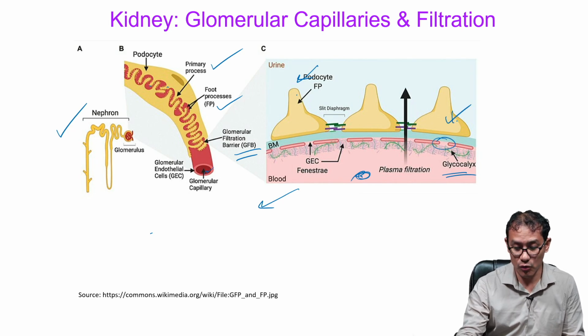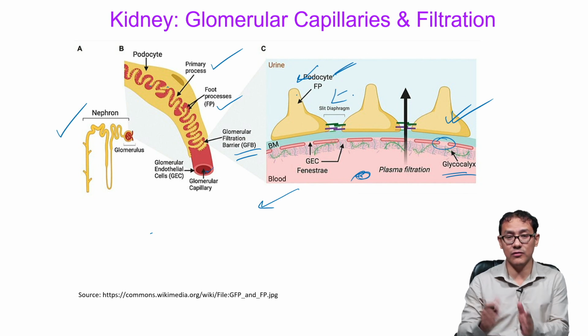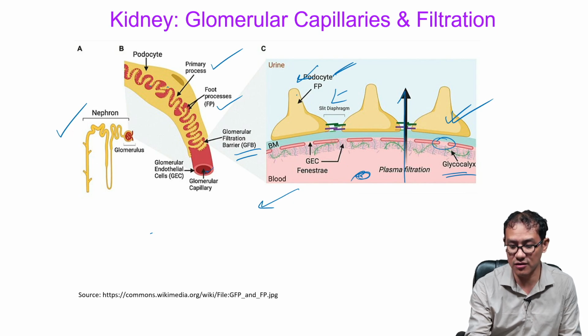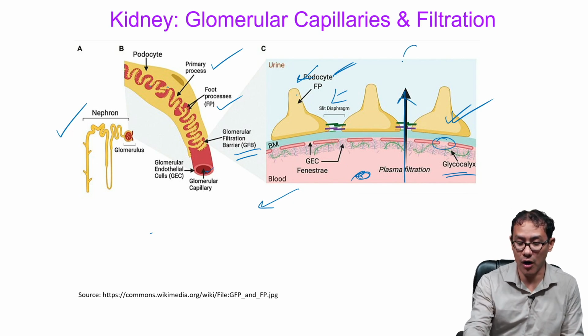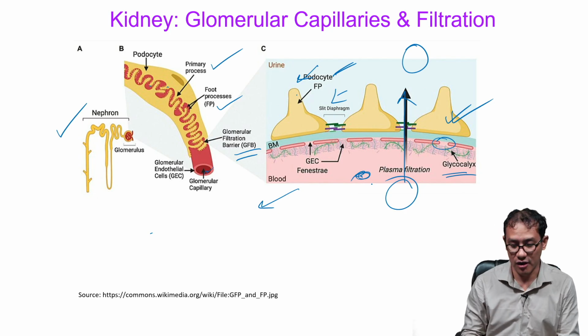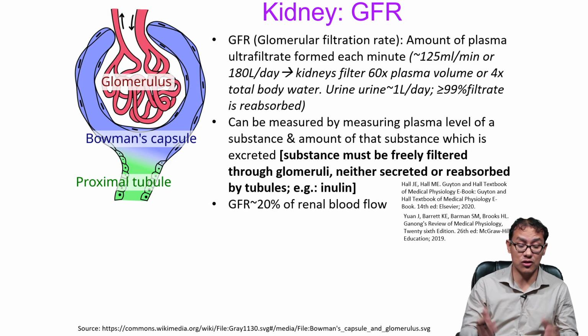These are the foot processes of the podocyte, and this is the slit diaphragm; they are not continuous. So the filtration happens from the capillary side into the Bowman space. This is basically the process of filtration.